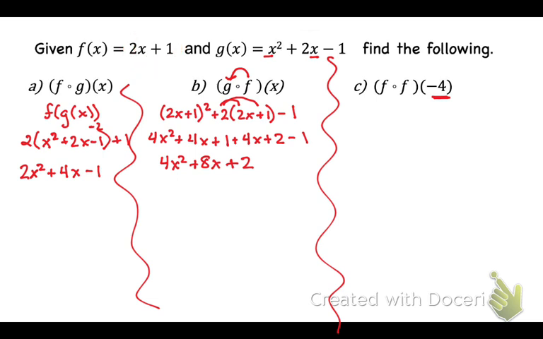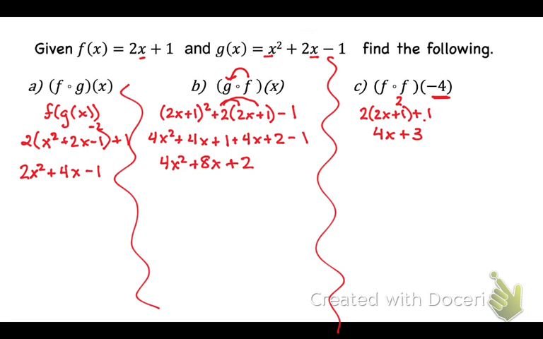So f is 2x plus 1, but our x is now 2x plus 1. So I have 2x plus 1 plus 1. So that would give me 4x plus 3. Because it'd be 2 plus 1.